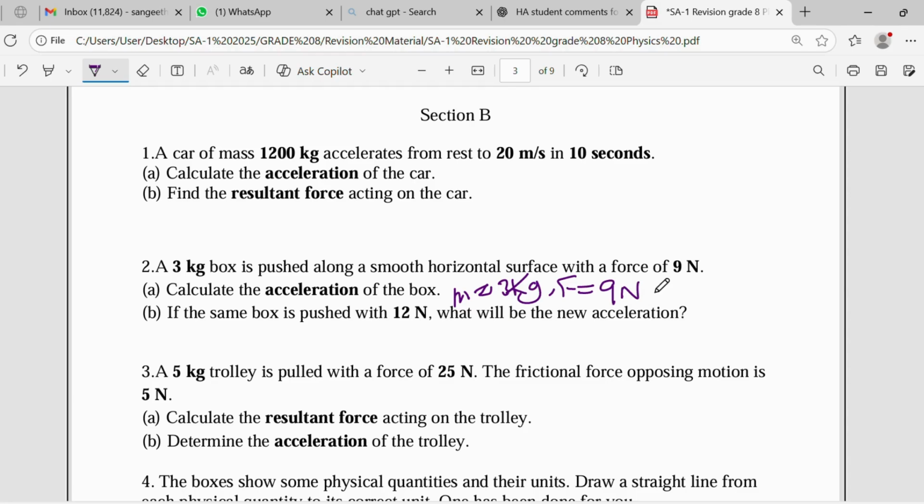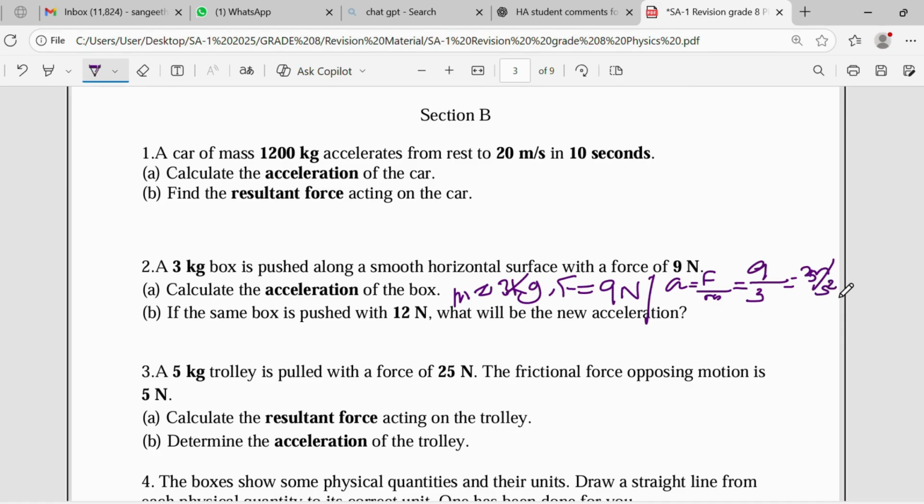What we need to find out? We need to find out the acceleration. So acceleration, as you know, the formula is acceleration a equal to F over m, which is equal to 9 over 3. So you will get 3 meter per second square.